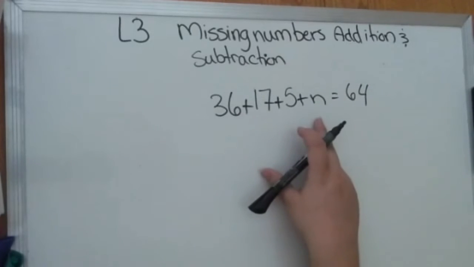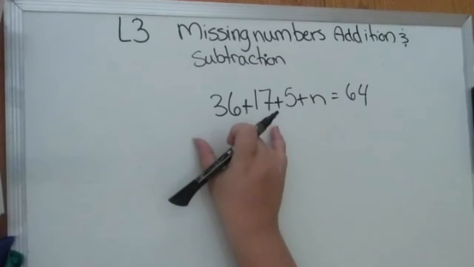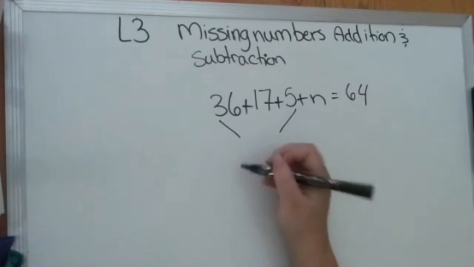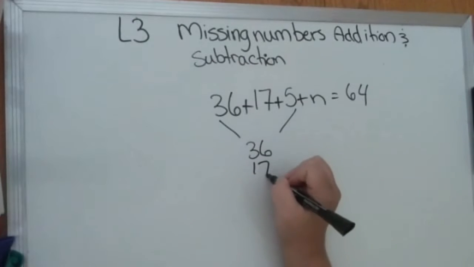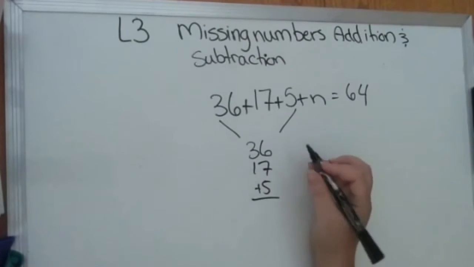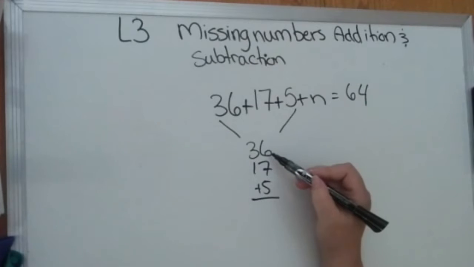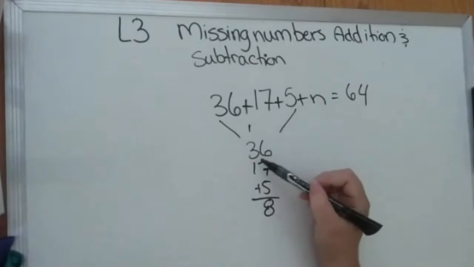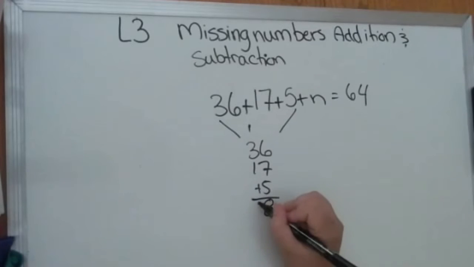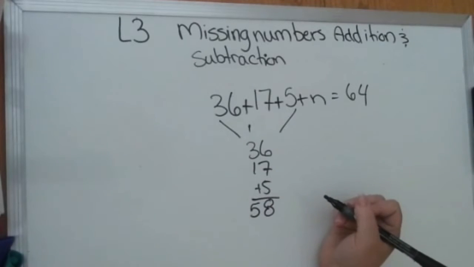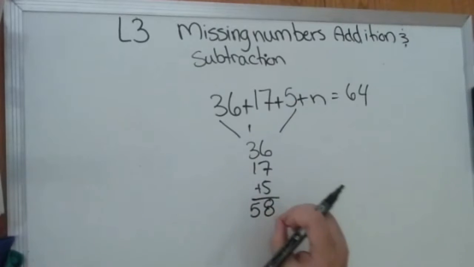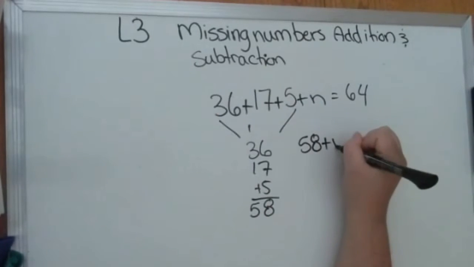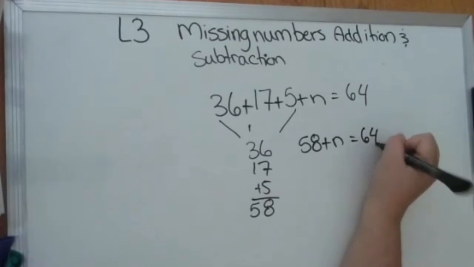So we're going to figure that out by starting with adding these 3 numbers together. 36 plus 17 plus 5: 6 and 7 is 13. 13 plus 5 is 18. Bring it up. 3 plus 1 is 4, plus 1 is 5. We have 58. Okay, so these 3 numbers together is 58. So we can shrink this problem to 58 plus n equals 64.